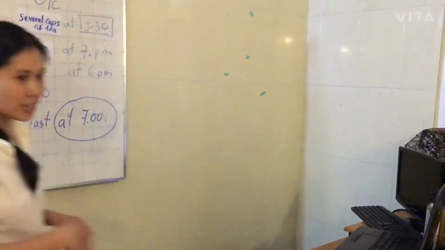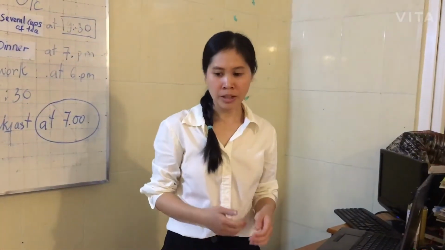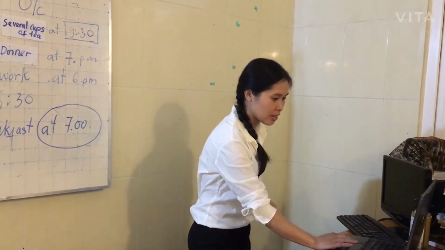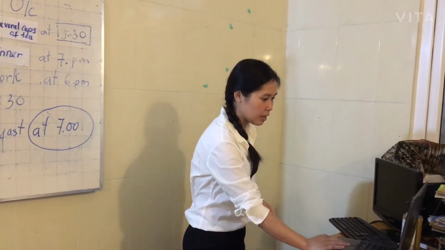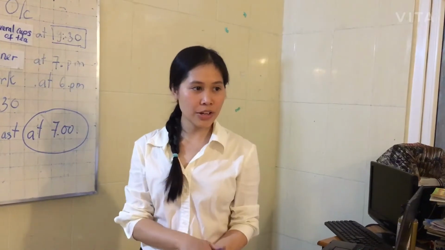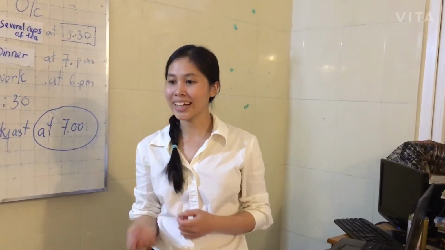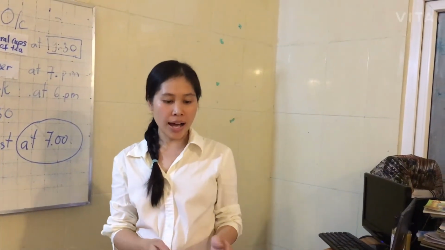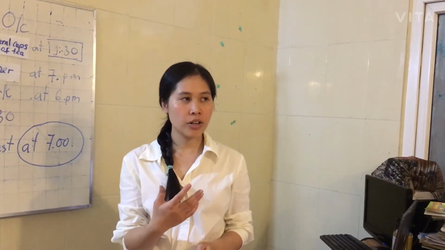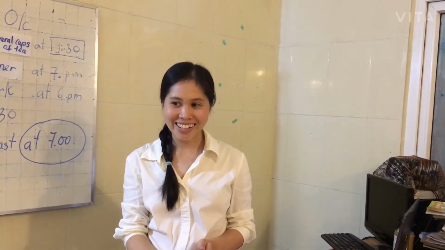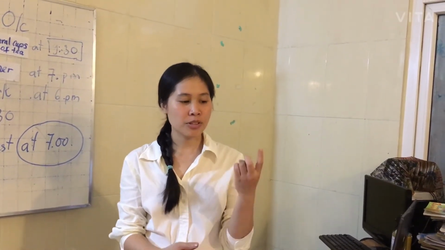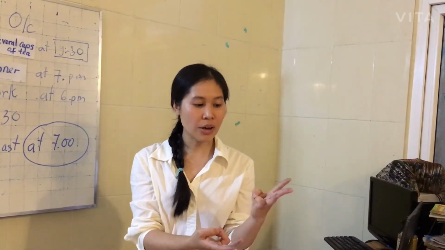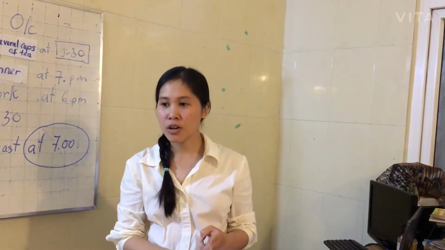So now you can write sentences about your daily routines. We can say your daily routine or weekly routine. Weekly means that you do it every week. For example, I go to the market two or three times a week, so I will say that I often go to the market.